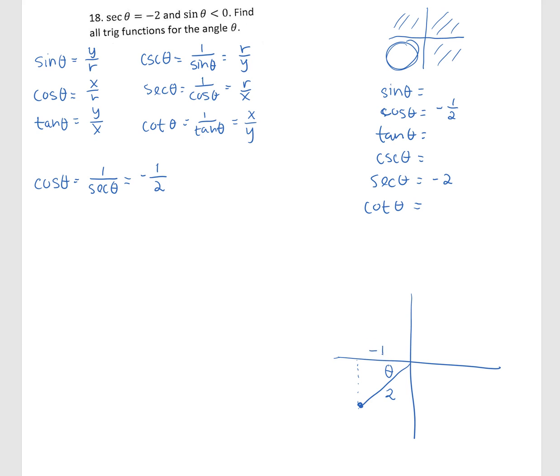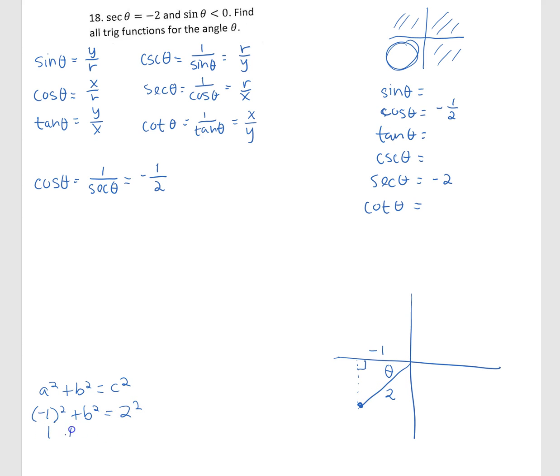So since we have a right triangle here, we can use the Pythagorean theorem to figure out what this third side is. So we know that a squared plus b squared equals c squared. A, I'm going to say, is -1, b is our unknown, and c, our hypotenuse, is 2 squared.